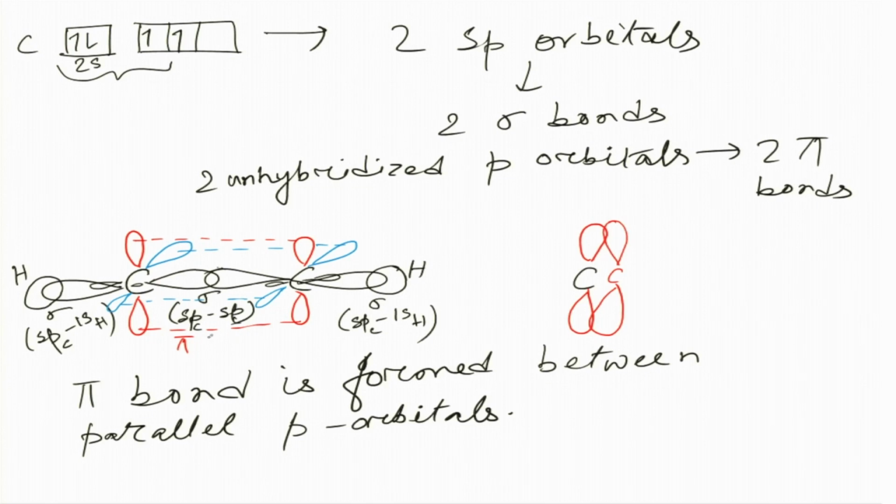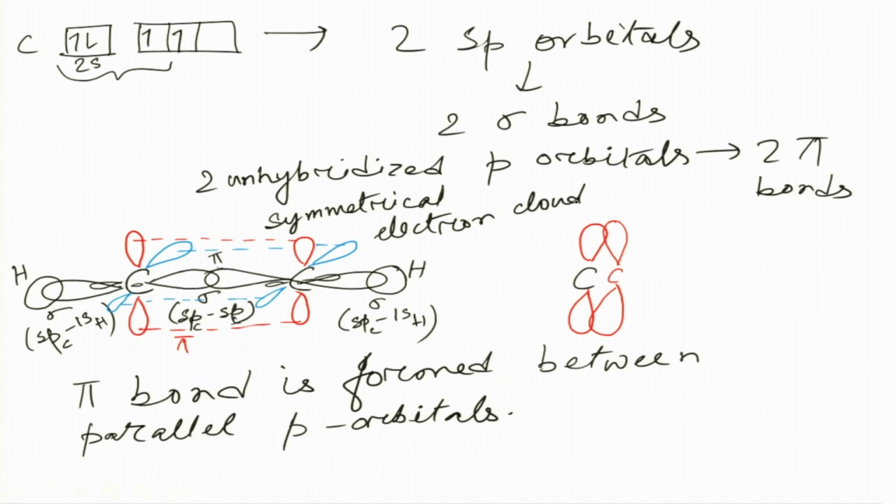So, we have 1 sigma and 2 pi bonds. These comprise the triple bond. Okay. So, now these pi orbitals have a symmetrical electron cloud.